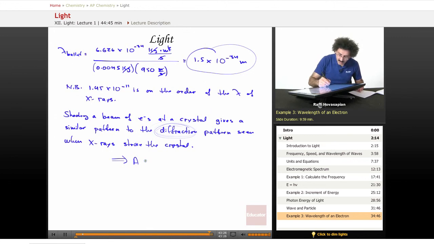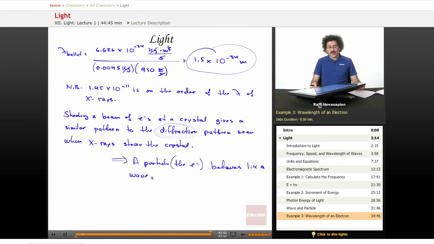So a particle, which in this case is the electron, behaves like a wave. Okay. So this was our general discussion.